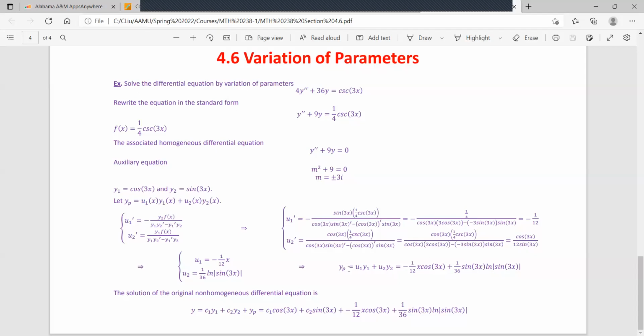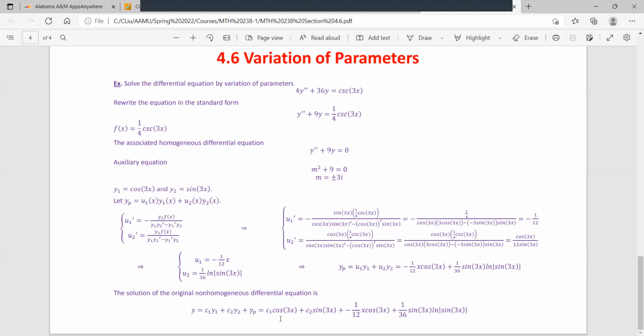So now we can write down the solution of the original nonhomogeneous differential equation. Remember, it includes two parts: the part from the associated homogeneous equation, which is c1 y1 plus c2 y2, as we already found, plus the particular solution we got.